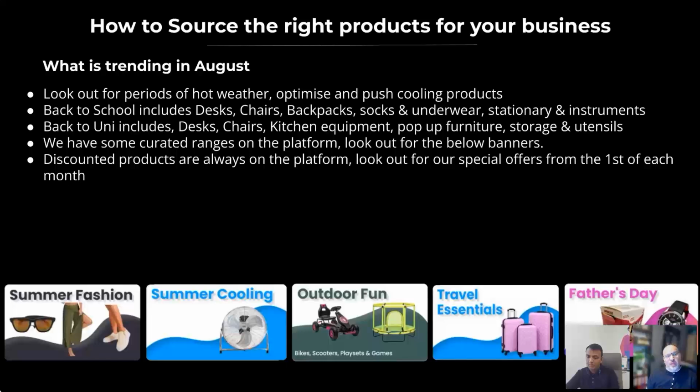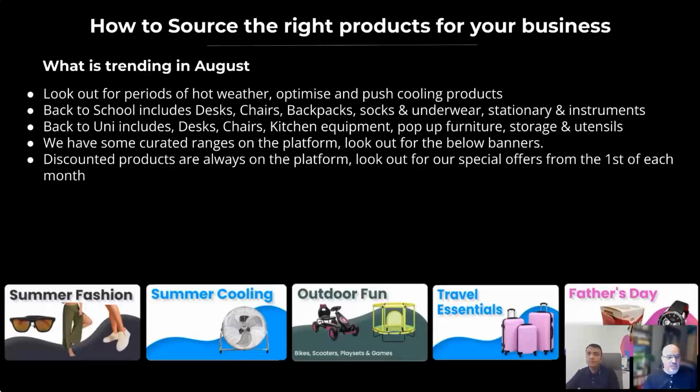And then what's coming up in August? Look out for periods of hot weather and optimize and push cooling products. That is everything from fans all the way up to air conditioner units. Back to school, obviously the retailers will get in behind that story, and that includes things like desks, chairs, backpacks, socks, underwear, stationery, and musical instruments.